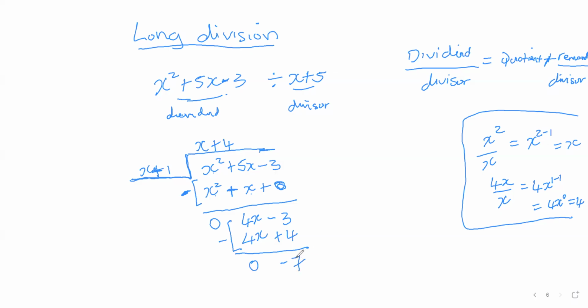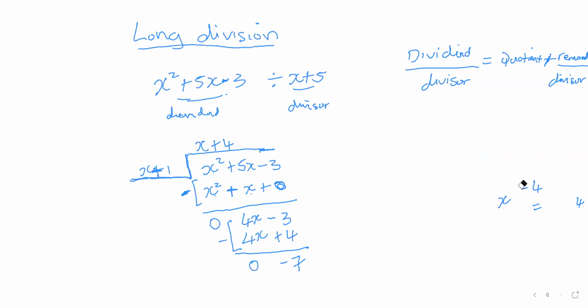Now looking at our new dividend, there is no x in it, which means the highest power of x in this dividend is 0, which is lower than the highest power of x in the divisor, which is 1. So therefore we can no longer divide, and negative 7 is then our remainder.